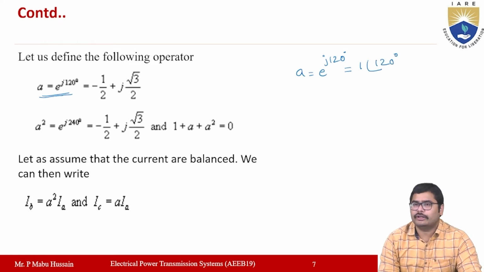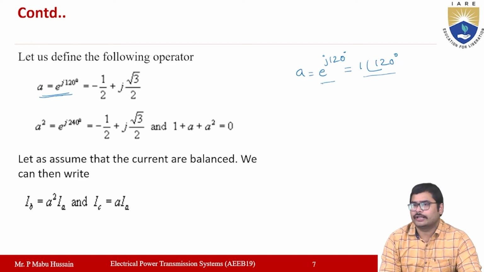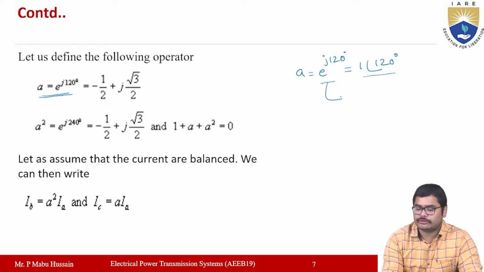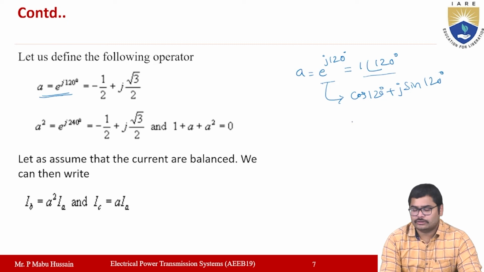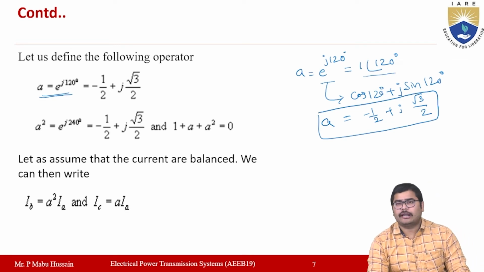Now this e power j 120 degrees you can write as cos 120 degrees plus j sin 120 degrees. So this value will be equal to minus 1 by 2 plus j root 3 by 2. The value of A is this value. So we are defining an operator A.